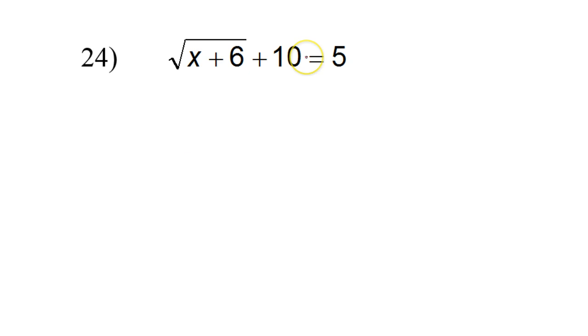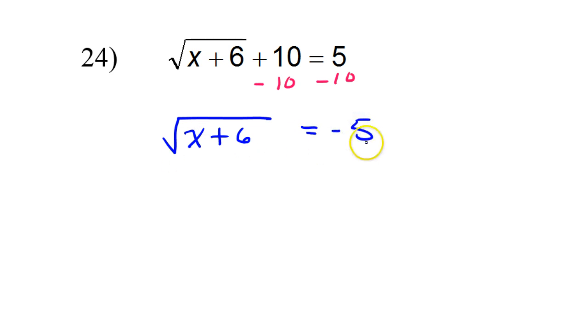Now, number 24. This just has one radical in it, so we're going to start by getting this radical by itself. So your first move should be to subtract 10 from both sides. But then that's going to give us the square root of x plus 6 is equal to negative 5.